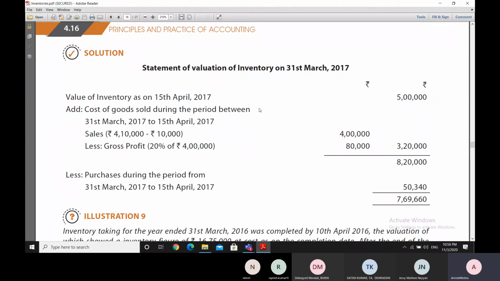So the formula, if at all it is necessary here, to calculate the value of inventory in case the inventory is taken after the end of the year, is that we take the value of that inventory, then reduce the purchases and add the cost of the goods sold.